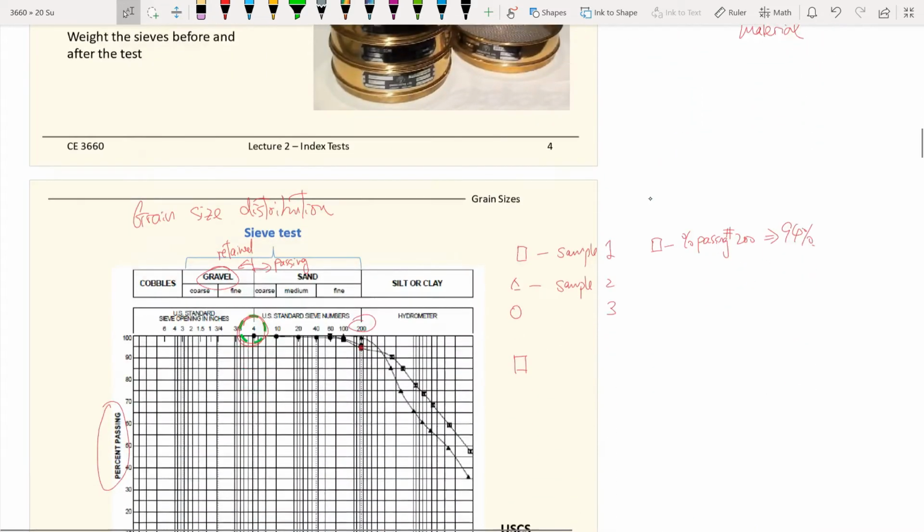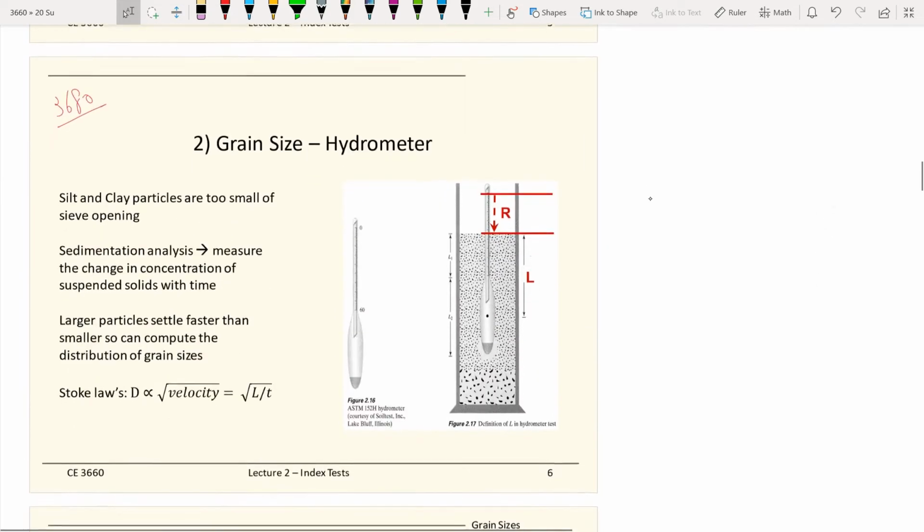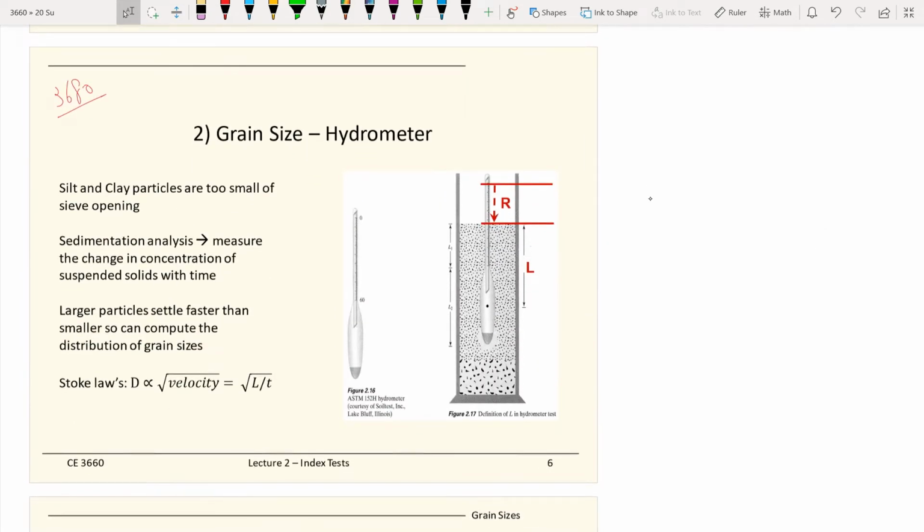So that's why for particles smaller than the number 200 sieve, we take advantage of sedimentation analysis, in which we try to find the particle size indirectly through the mixture of our soil with fluid.